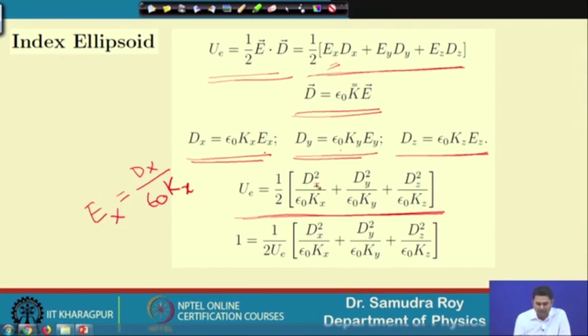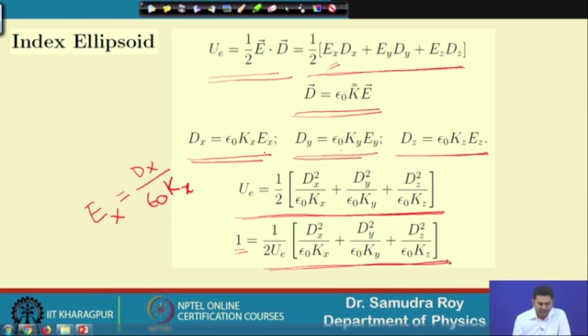If we replace this, we will have Dx square divided by epsilon 0 Kx in the first term, in the second term Dy square divided by epsilon 0 Ky, and in the third term Dz square divided by epsilon 0 Kz. If we have these three terms, and then I divide the entire equation by Ue, on the left hand side I have 1 and on the right hand side I have this entire quantity.